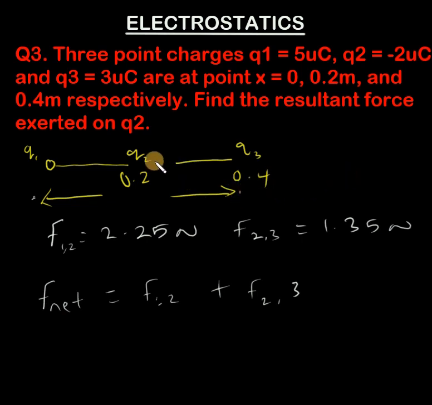That means that Q2 is being pulled in two opposite directions, and eventually our F net will be 2.25 minus, because of the opposite direction, 1.35. So our final answer for F net is going to be 0.9 Newton. So that concludes our question here. Thanks for watching.